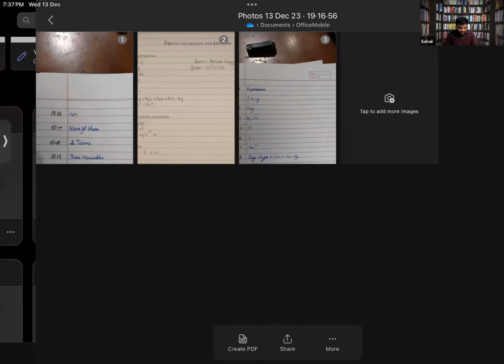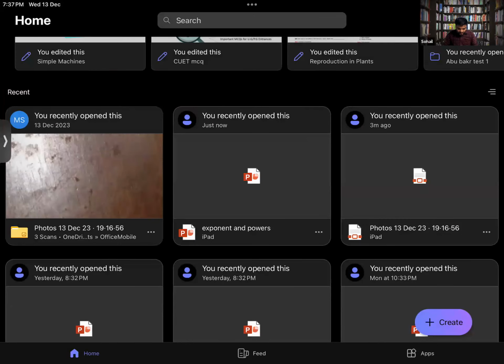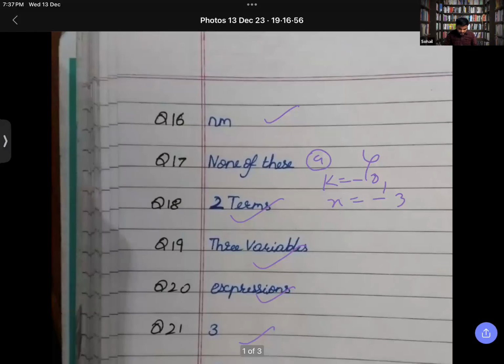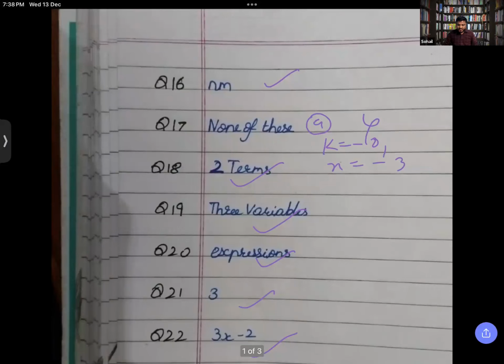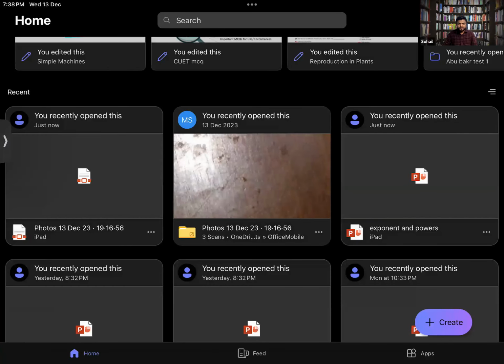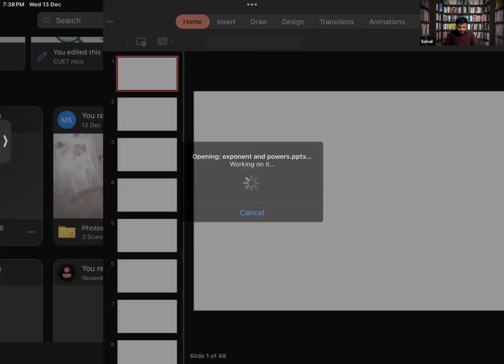The options which I told you, wait a minute, where's the PDF? Here it is. Minus 8 and minus 3 I'm saying. In the question, only options were given as minus 8 and 3 for the value of k and x. Okay, I will check that and then send you the correct answer. Anyways, let's continue.